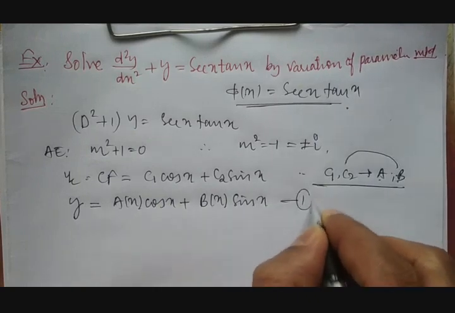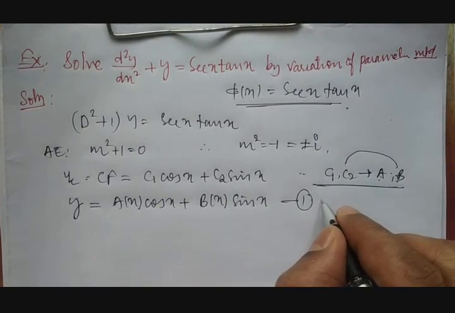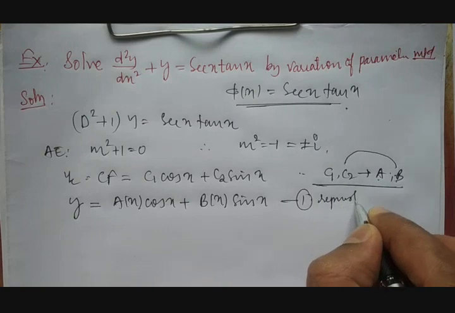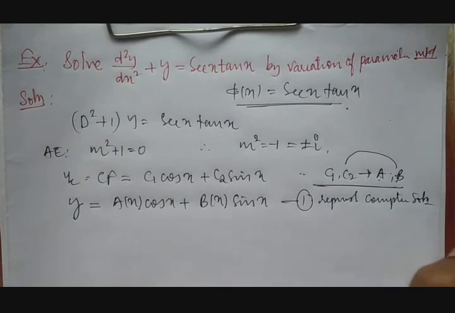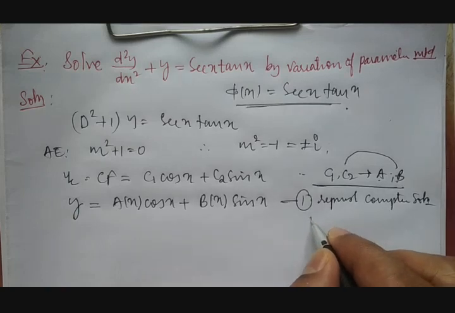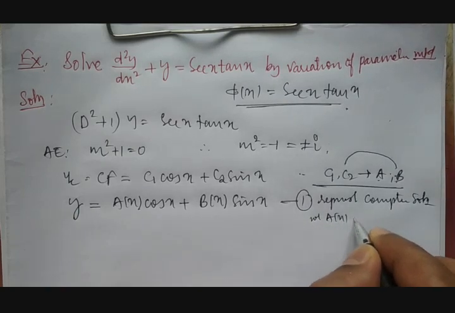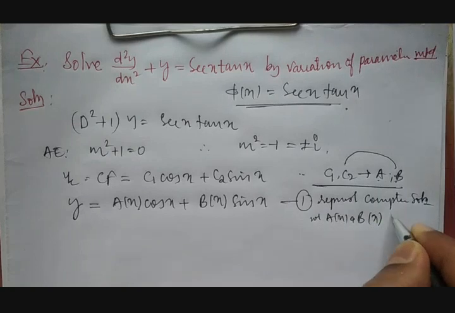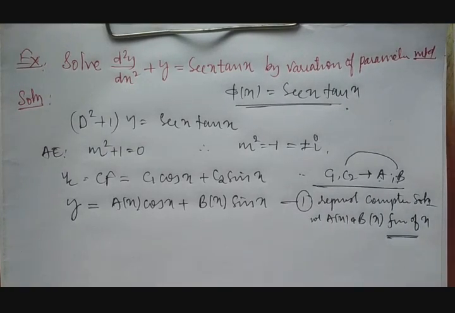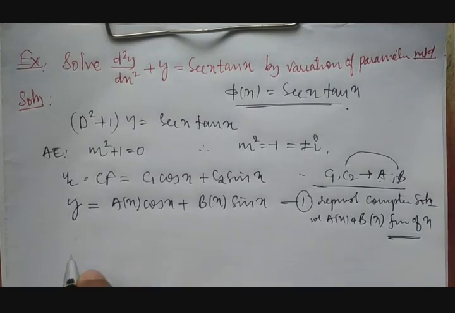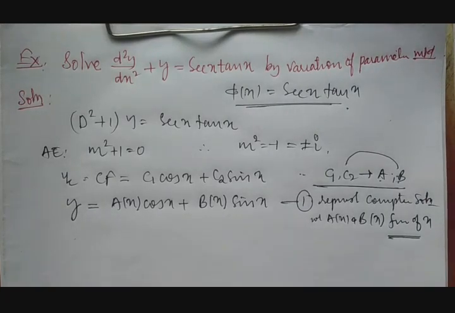I call it equation number 1. This equation number 1 represents the complete solution of the given example, where A of x and B of x are the functions of x which are to be calculated. So before calculating this, we need to calculate a Wronskian W.